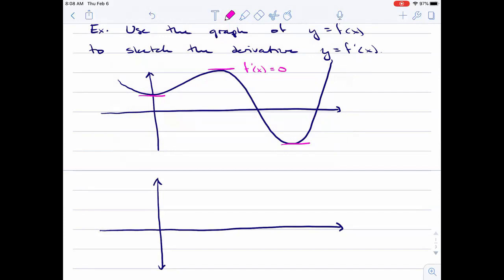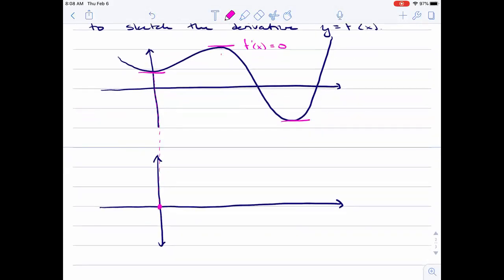So that's where we're going to cross the x-axis. So here, here, and here. Make these a little bit bigger.